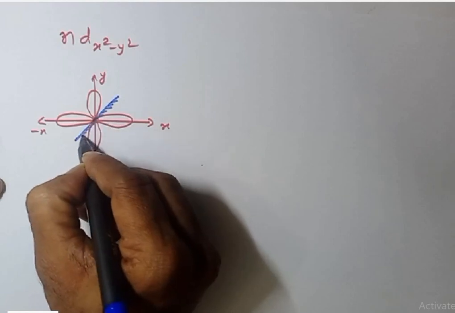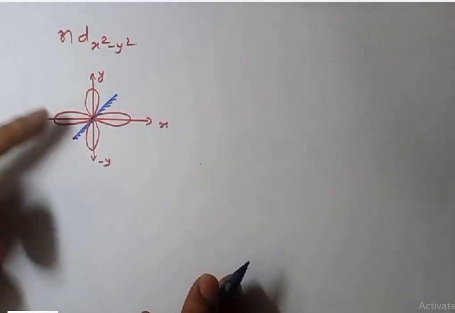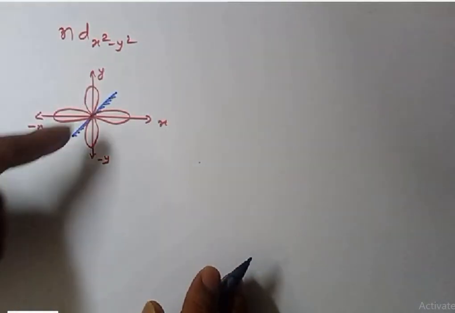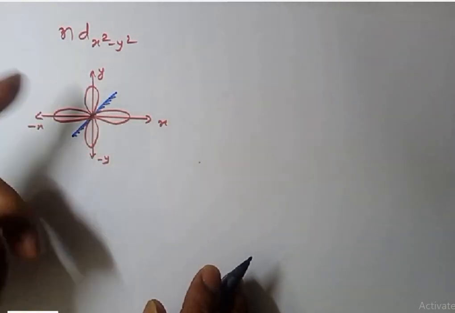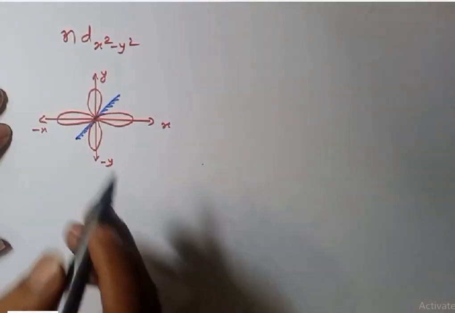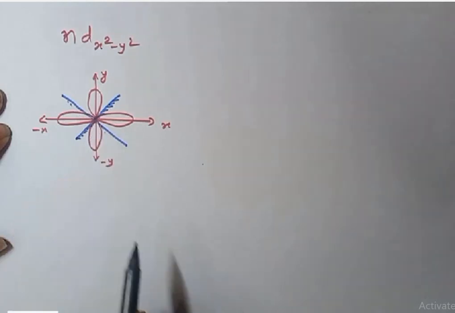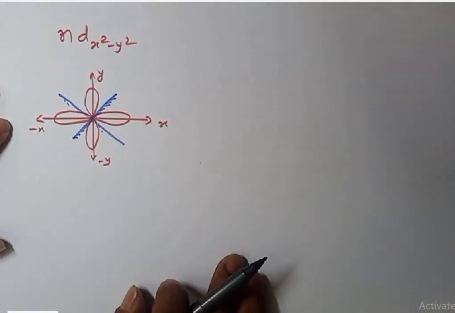If I keep a plane here, that plane passes exactly in the middle, and the nodal plane does not touch the lobes. It is actually passing exactly at the middle. So this is one nodal plane. Similarly, I have one more nodal plane here. So the dx square minus y square orbital also has two nodal planes. It has two angular nodes.